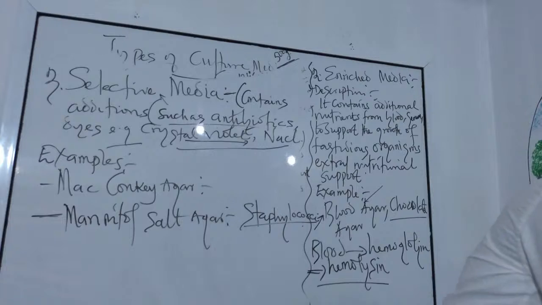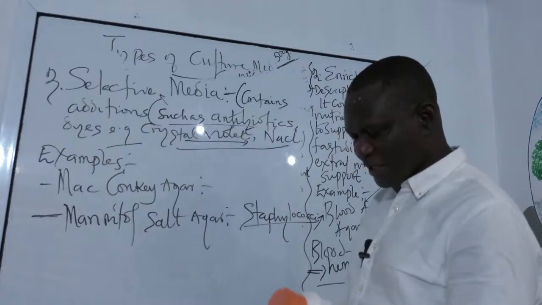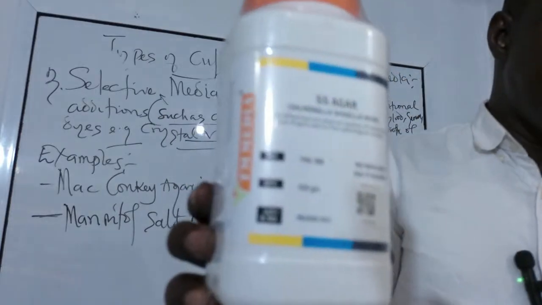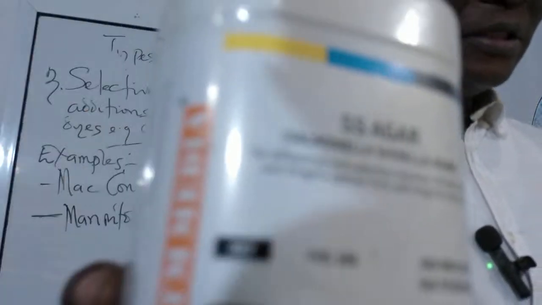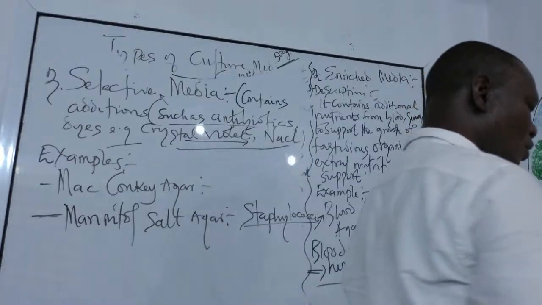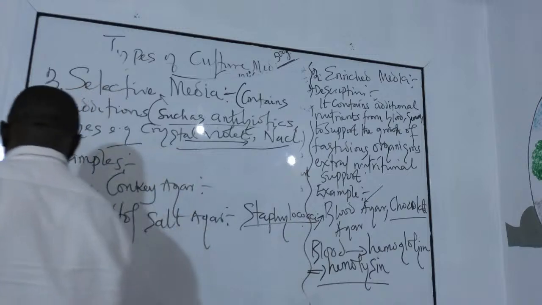So another one, highly selective, is SSA agar. That's Salmonella Shigella agar. That is another selective agar that you can use.